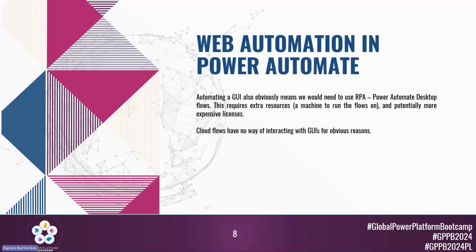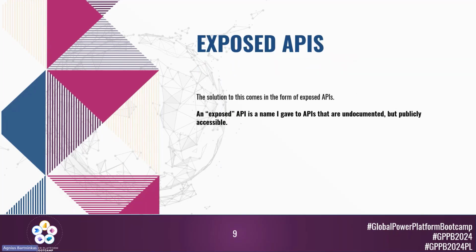However, cloud flows do not actually have any way of interacting with user interfaces for obvious reasons. So whenever we think we need to scrape a user interface, we kind of lock ourselves to using RPA to do it. But there's usually a better way, which comes in the form of exposed APIs.